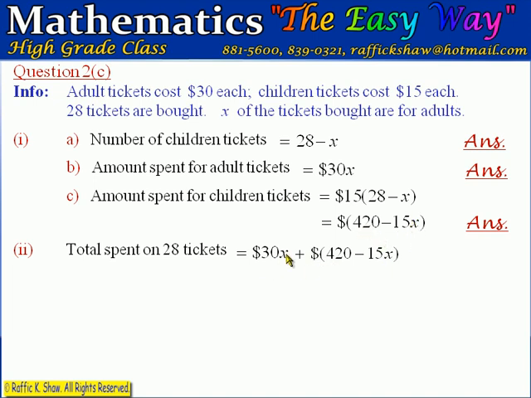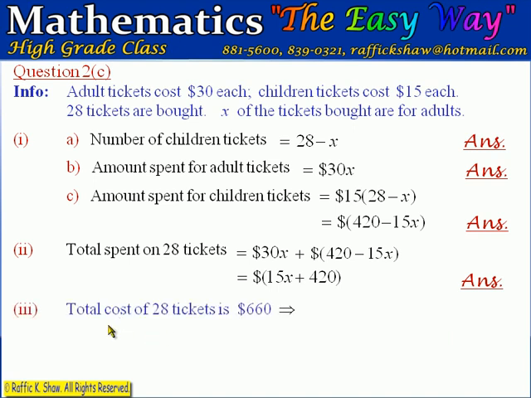So we're adding these two. Now this 30X dollars minus this 15X dollars will be equal to 15X dollars. So it's going to be 420 plus 15X dollars. Alright, and that's the result. So that's the amount spent on all 28 tickets.